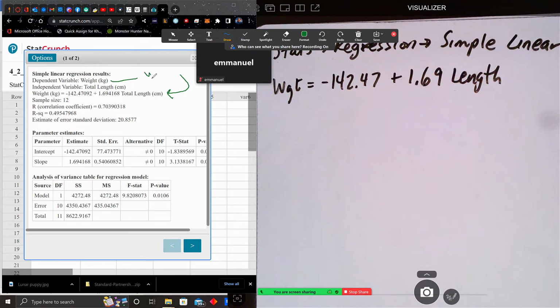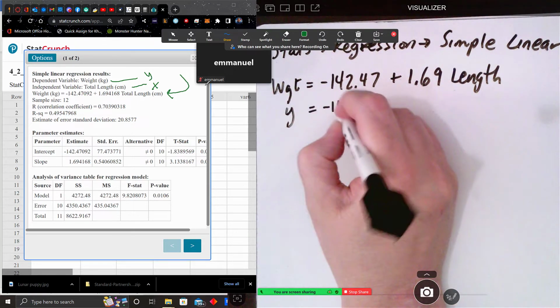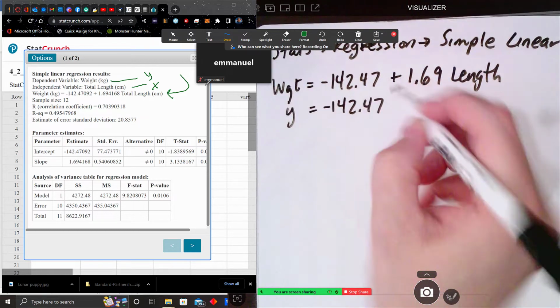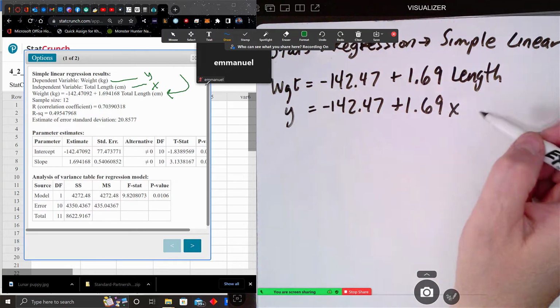That's Y. The independent variable is X. So what this really says is Y equals negative 142.47 plus 1.69x in terms of graphing.